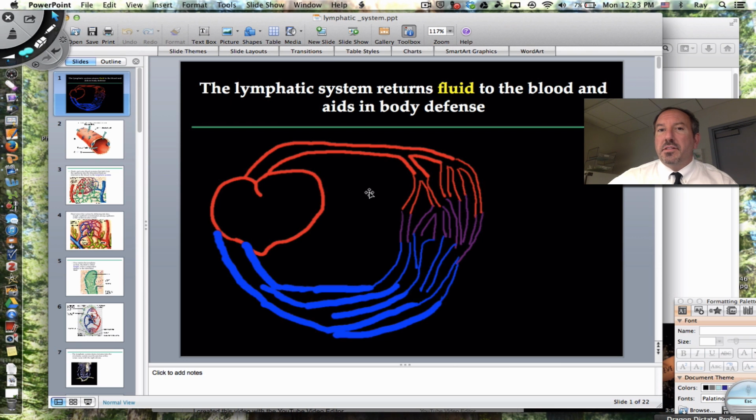And the lymphatic system is a sort of parallel system, kind of like, if I can use an analogy, if the circulatory system was the roads in a city, the lymphatic system would be sort of like the sewer pipes that are below the road. So we have this system in our body of vessels that parallel the circulatory system, and they do an amazing job, and that is to return fluid to the blood and help in defense.